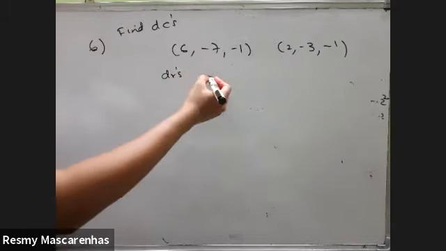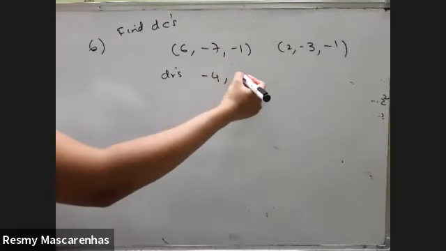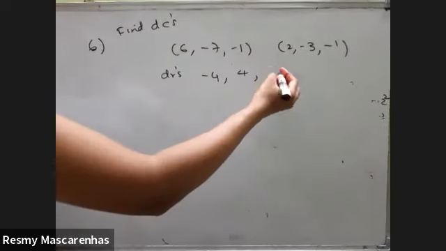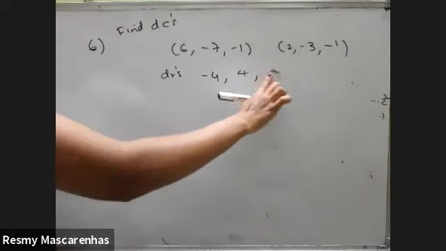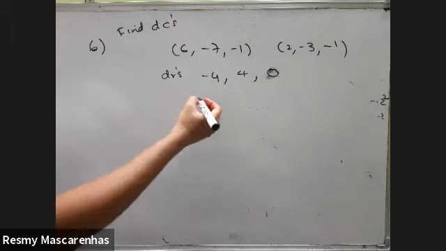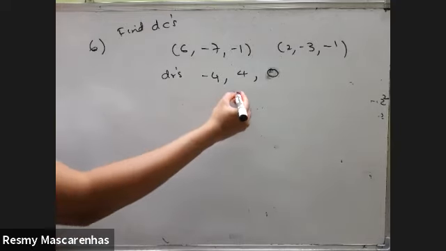So 2 minus 6 will be minus 4, minus 3 plus 7 will be 4, minus 1 minus 1 will be 0. You can still simplify.